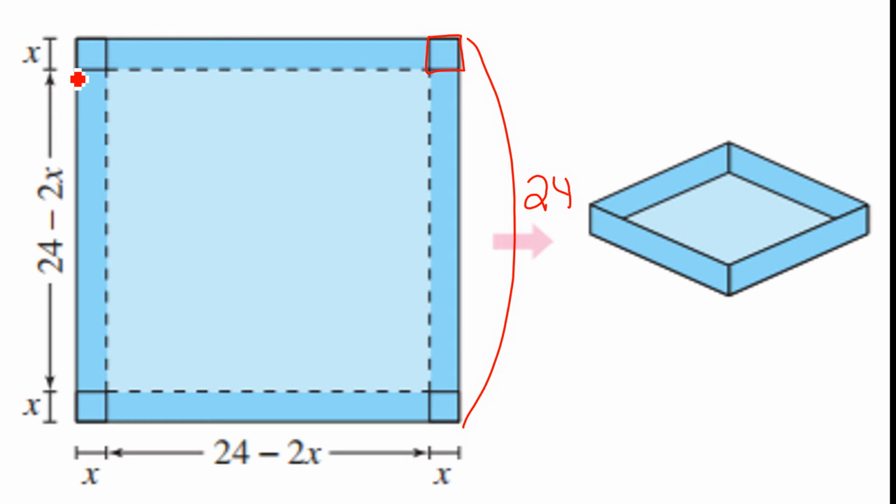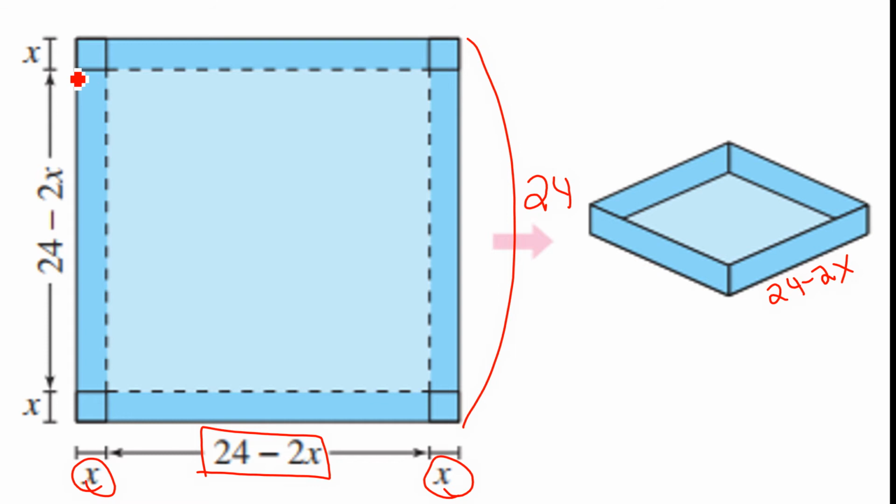So if that's 24 to start, and we want to know how much we want to cut, they use x as the unknown of how much we're going to cut into each side. So when we cut in that much to each side, instead of it being 24, we take x away from one side, we take x away from the other side, and now the box will have a width of 24 minus 2x.